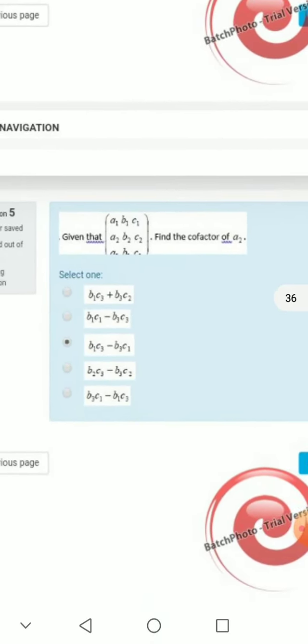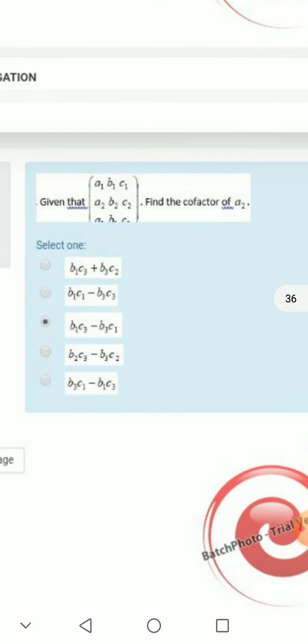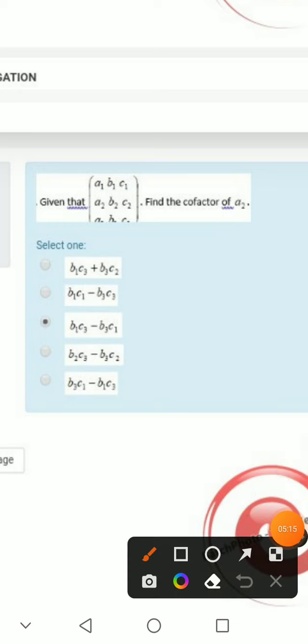We've done this. Here we have to find the cofactor of A2. Now the cofactor of A2, you get that by eliminating first of all the elements in the same row with A2 and in the same column. So we're going to have something like this, eliminate this and eliminate this, everything in the same row and column.